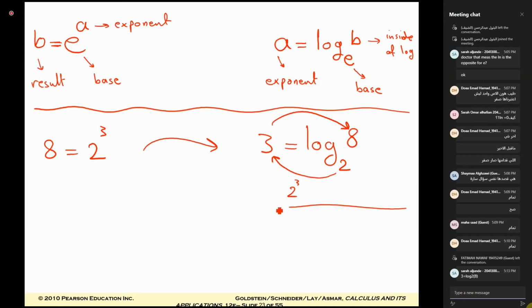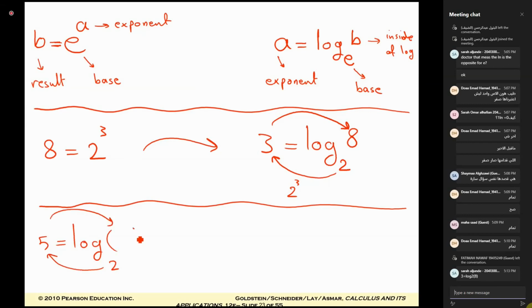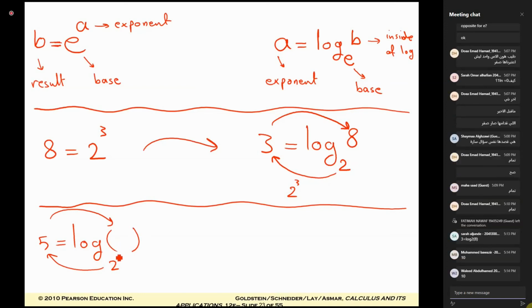So, for example, if we have a logarithm in base 2 and this is equal to 5, what is the number inside the logarithm? It is 2 to the power 5, not multiply.